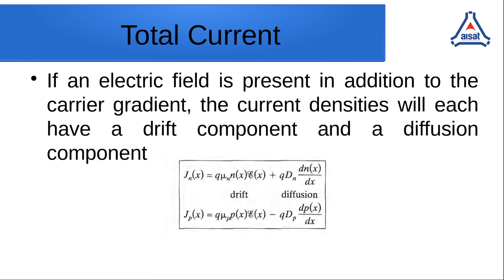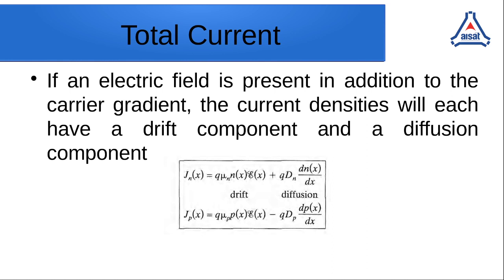Now, if we summarize, as I had mentioned earlier, the current inside the semiconductor is due to the drift current and the diffusion current of both holes and electrons. If we just consider the case of electrons alone, the current in the x direction, Jn(x), is equal to q mu n n(x) E(x), which is the drift current.